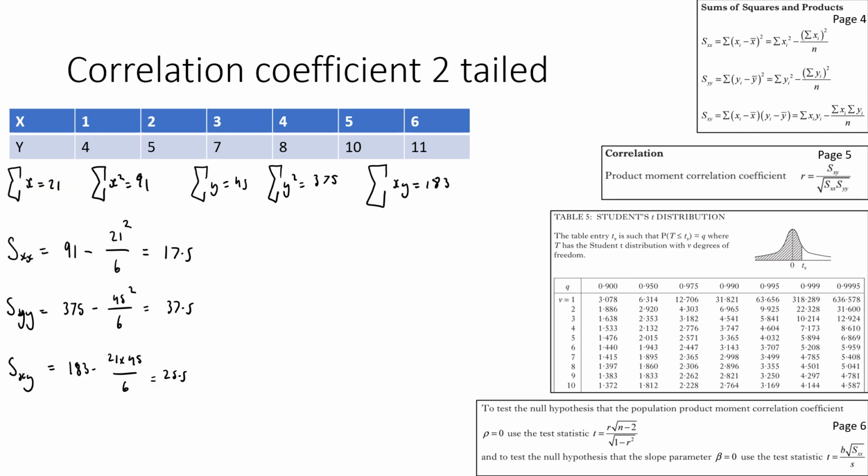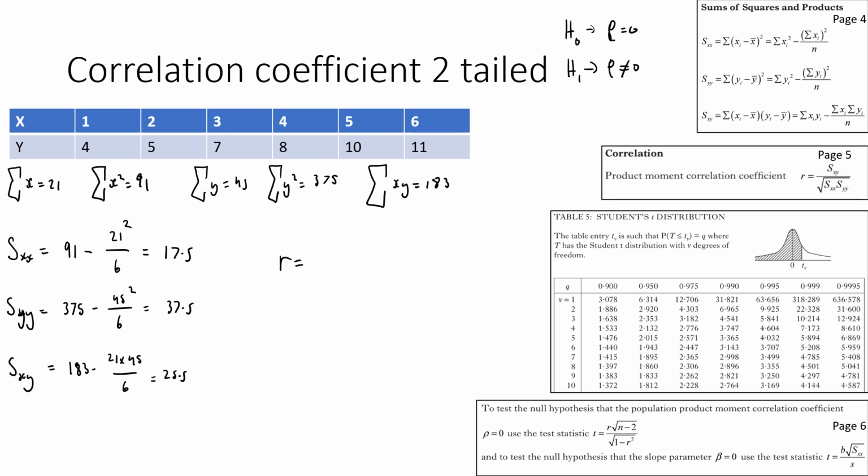Now we have calculated those values. So just to summarize, I found the sum of x squared, sum of y squared, and then sum of xy. Then using the formulas on page 4 of the data booklet, I found the values I need for r. So we write down the formula.